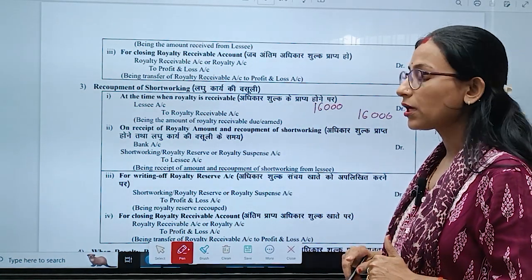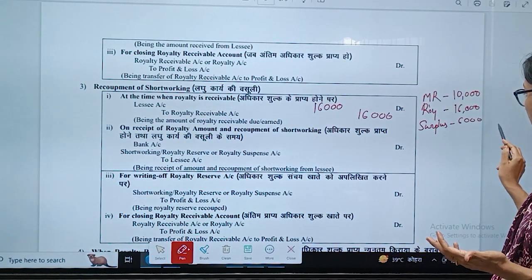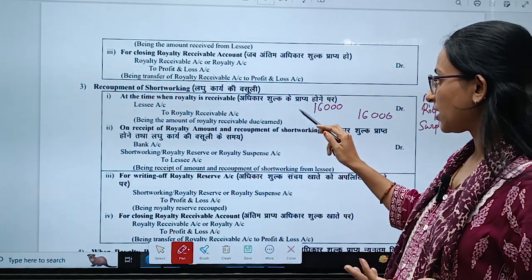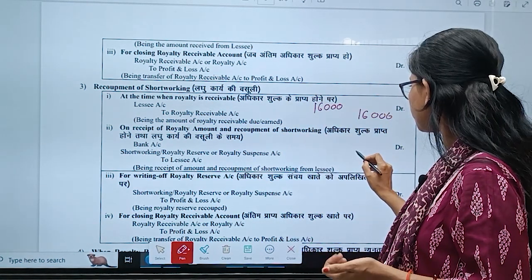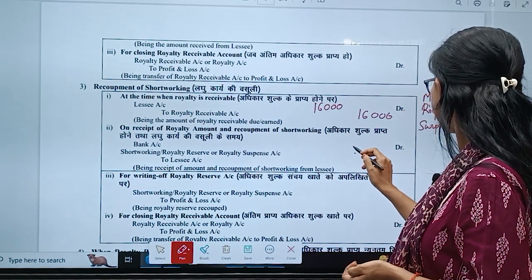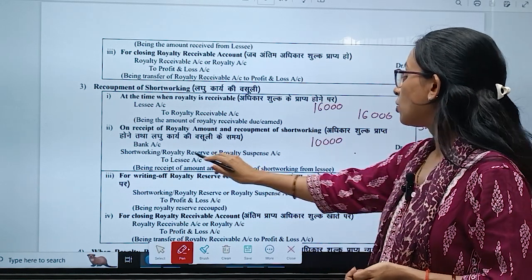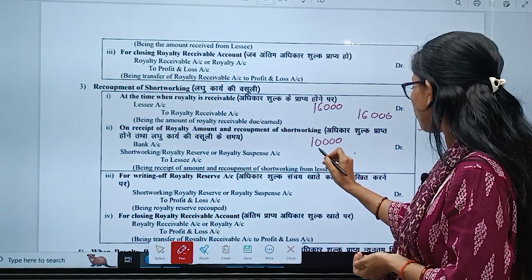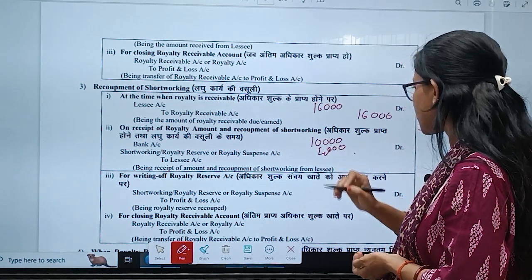Next, because we have the option to recover that amount, we have 6,000 surplus amount, so we'll pass another entry of recoupment of short working, that is bank account debit. Bank account will be debited with the minimum rent amount, that is 10,000. Royalty reserve account, we will recoup 4,000 rupees, so we will write over here 4,000 rupees.